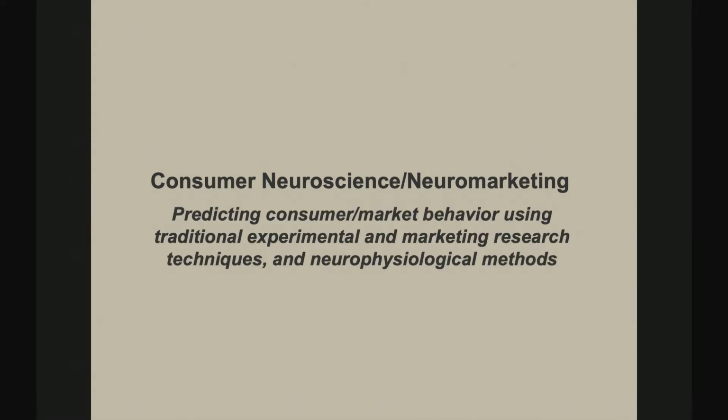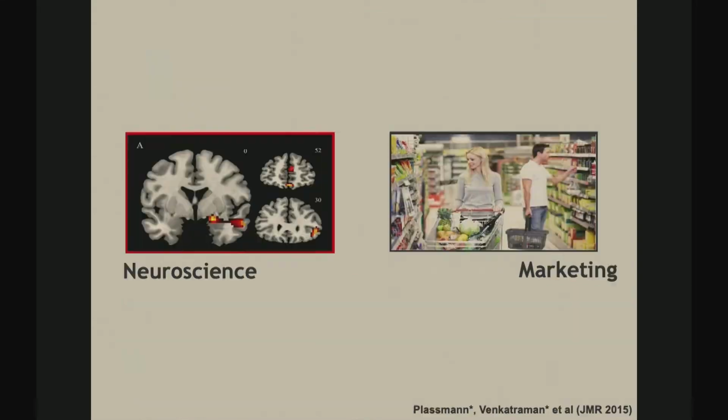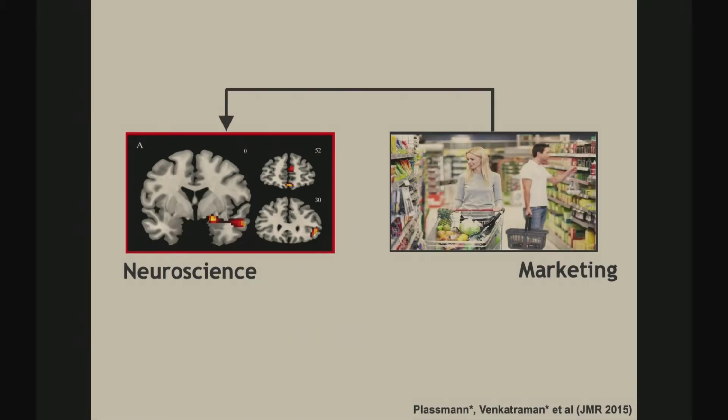We all know what consumer neuroscience is. Essentially, it's using a variety of different methodologies to get better insights into consumer behavior. This was touched on briefly, but I like to reiterate it. When the field first started off, and it's probably only about 15 years old at most, a lot of the emphasis was in this direction.